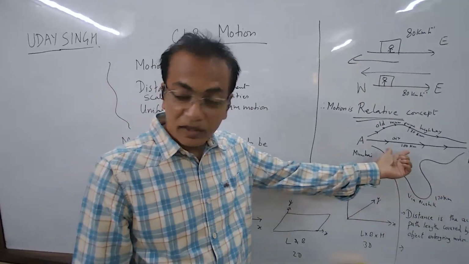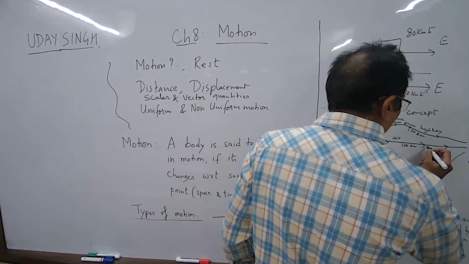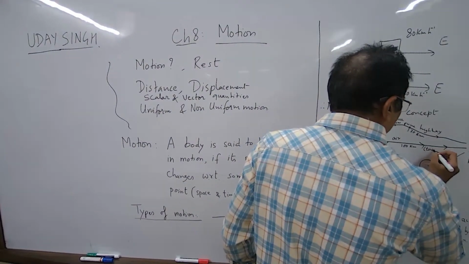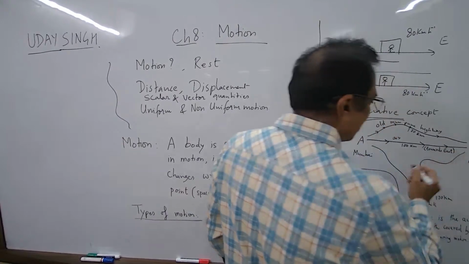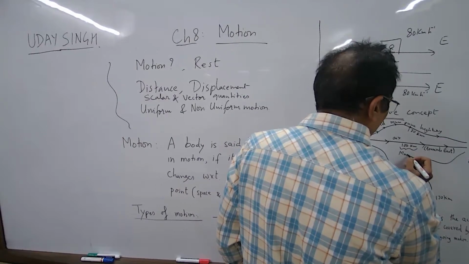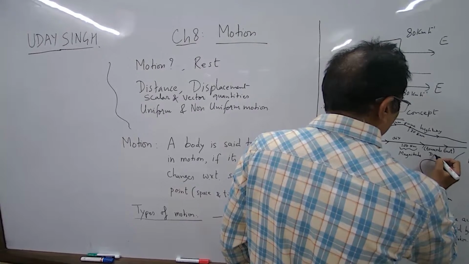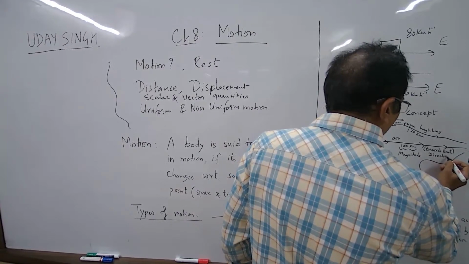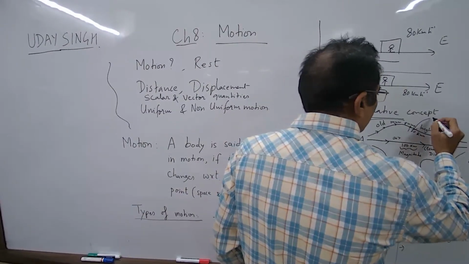So, it is not only 100 kilometers. 100 kilometers you will say towards east. You have to specify direction. So, this value is called magnitude. What is it called? Magnitude, and this is called direction. Right? But here you only have magnitude in case of distance.